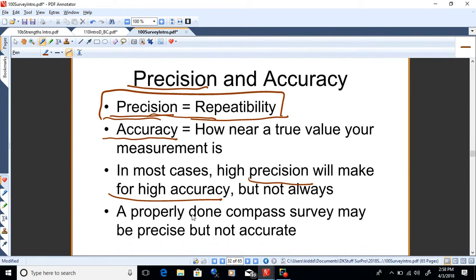If you use a compass, you could do a very precise survey, but a compass is not a particularly accurate instrument to do surveying with. So precision doesn't always lead to accuracy. It's an important step in accuracy, but just because you're precise, it doesn't mean you're accurate. Quite often in our surveying, we'll call out the precision that we expect.